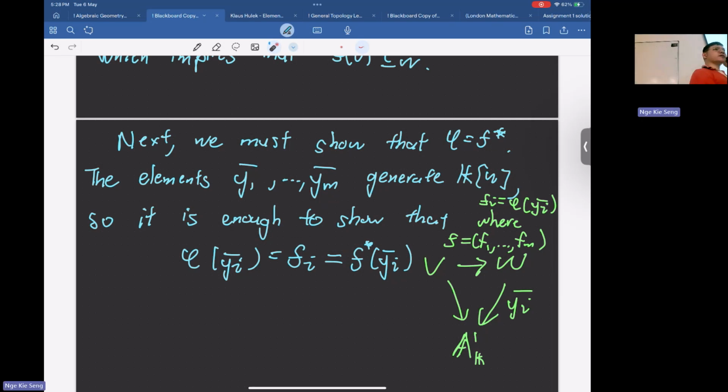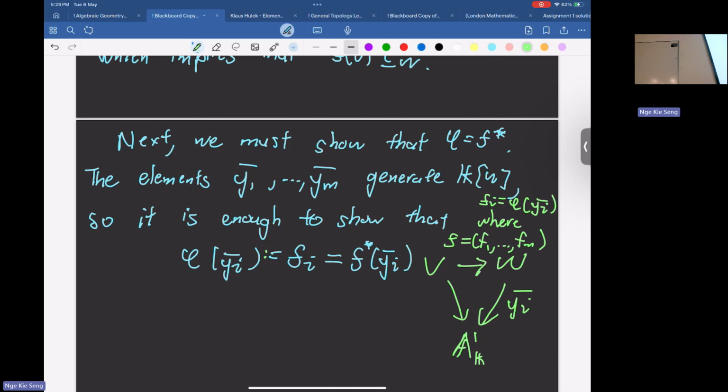Is it true or not? The first one here is by definition. This one is by definition. Okay, so how about the second one? You got your f looking like this, then you got yi bar looking like this. What are you doing here? This is the coordinate function, right?